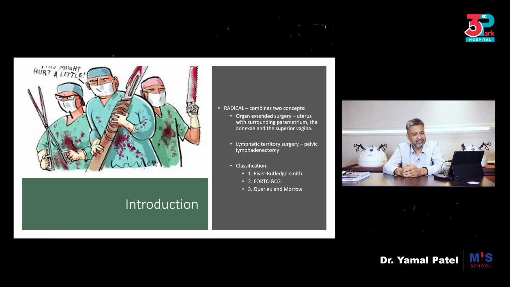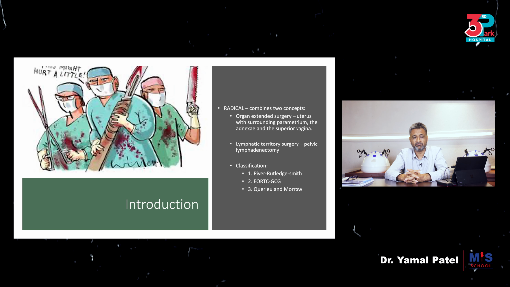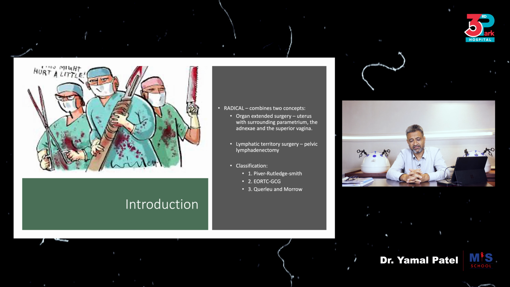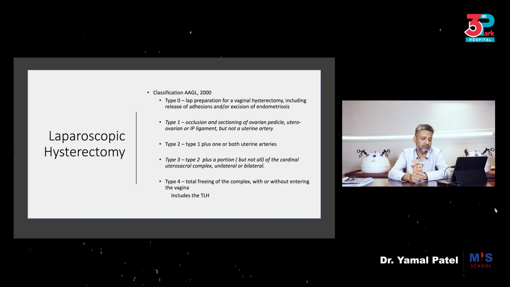Radical is basically combining two concepts, which we are not going to be discussing today in depth, but just to understand, it is an organ extended surgery, which means the uterus with the surrounding parametrium, adnexa, and the upper part of the vagina, and the lymphatic territory surgery involving sometimes the pelvic or the para-aortic lymphadenectomy. That's not what we are classifying or discussing today. We have different classifications of the radical hysterectomy as well.